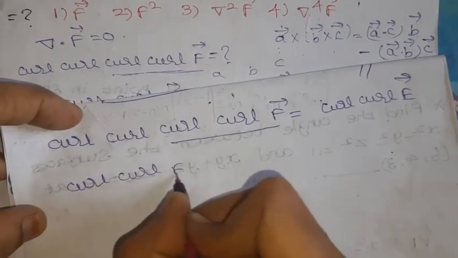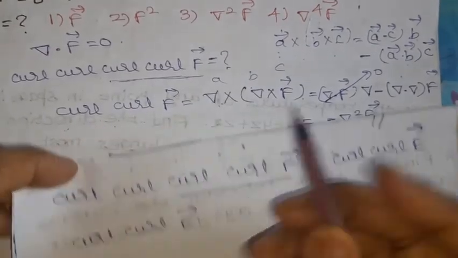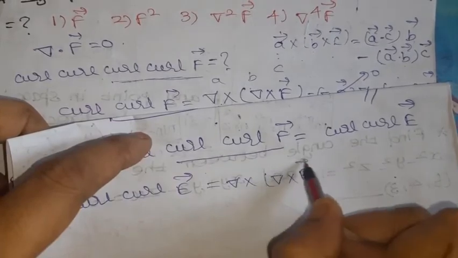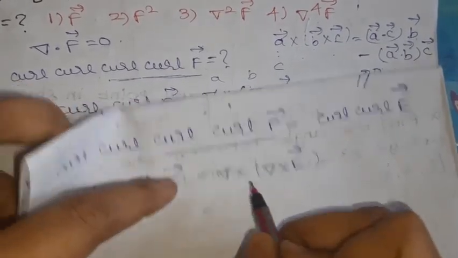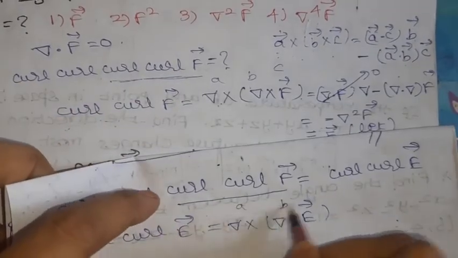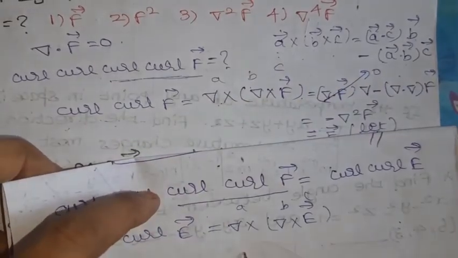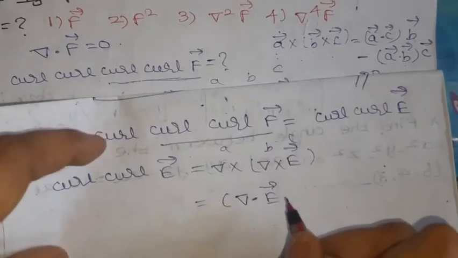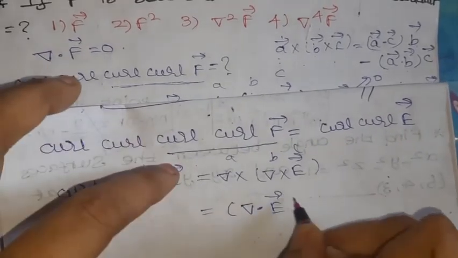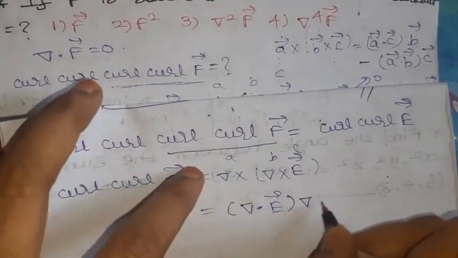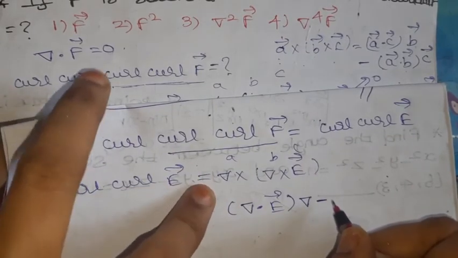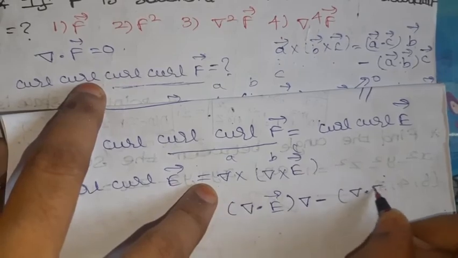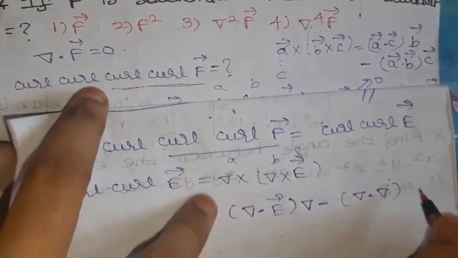The same thing as for curl f: del cross E. Using the triple product formula, A dot C, so del dot E into B vector del, minus del dot del into E vector.